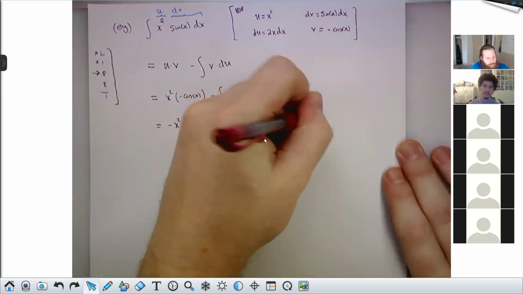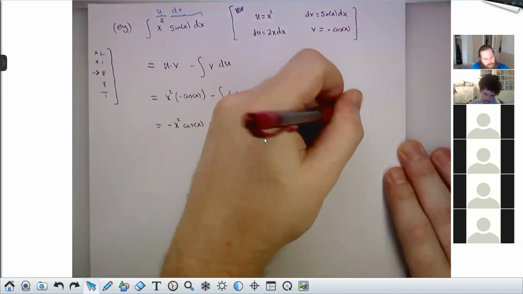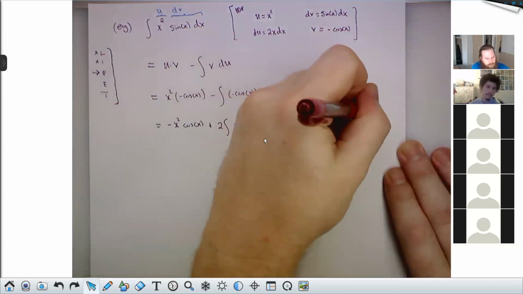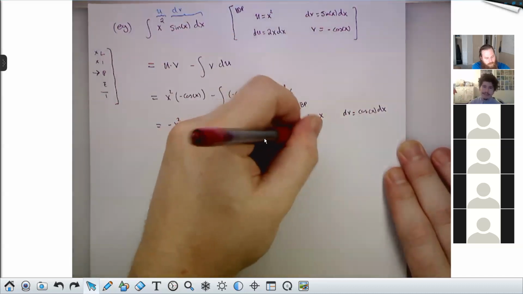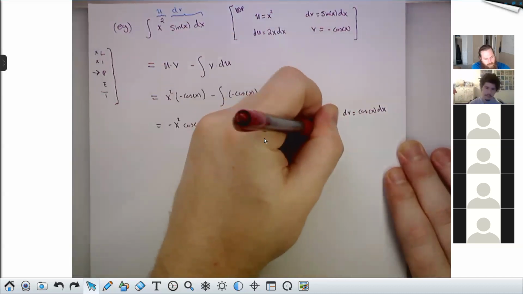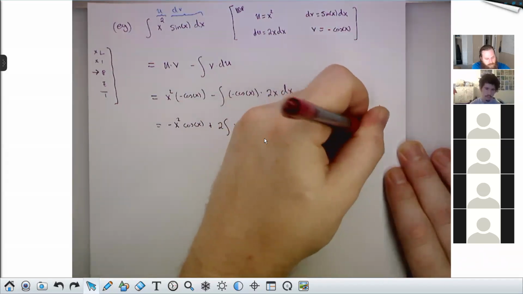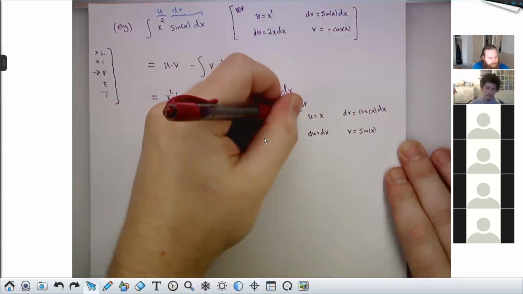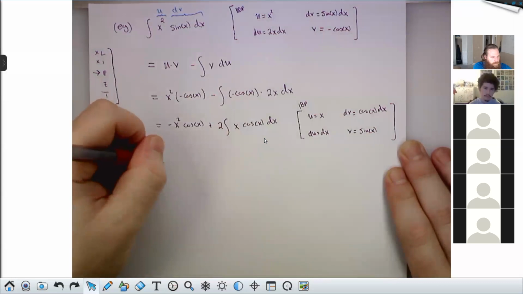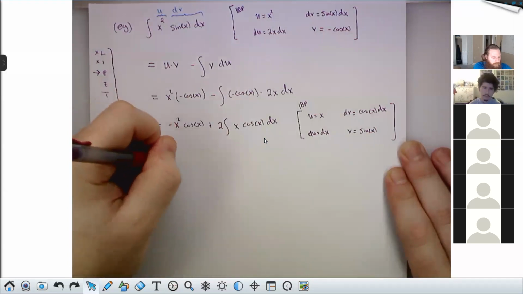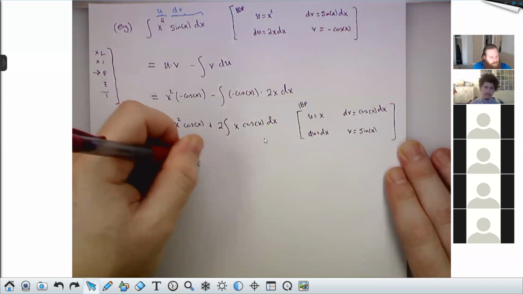This time I will again choose u to be my polynomial and dv to be everything else, which is cos x dx. Du is just dx then, and v will be the integral of cos x, which is sine x. So here's my second little IBP table. And I just need to be careful. This piece out front comes along for the ride. Negative x squared cos x, he's just chilling.